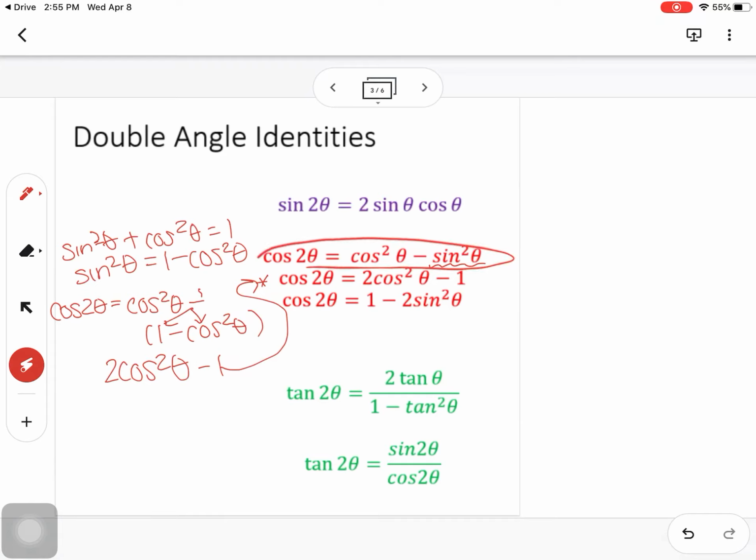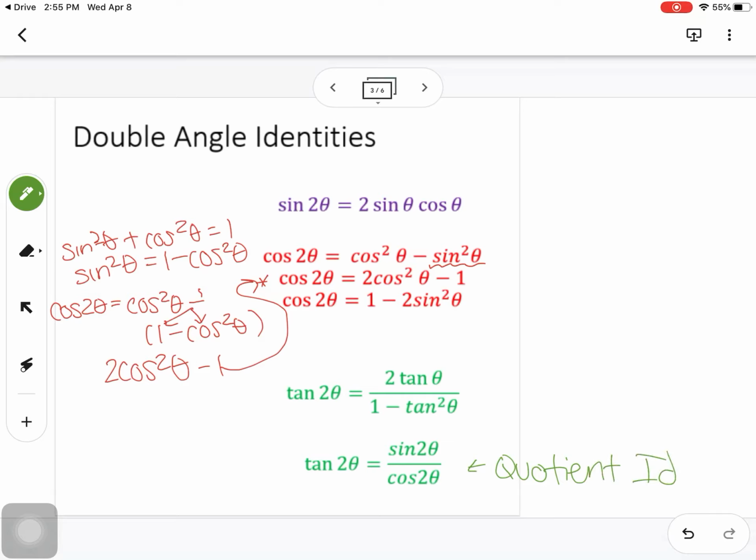So again, the one you have to know is this top one. You are welcome to memorize these other two or at least be able to derive them. They can benefit you sometimes in proofs or in different problems, whatever it is. On tangent, the top one is what we derived a second ago. This bottom one, they used the quotient identity because your quotient identity does still apply, that you can use sine over cosine.